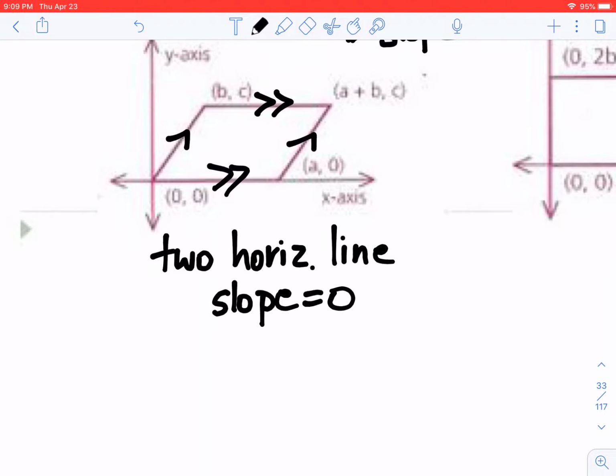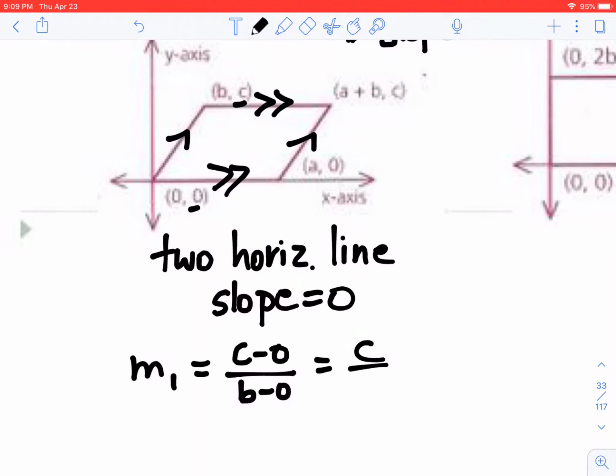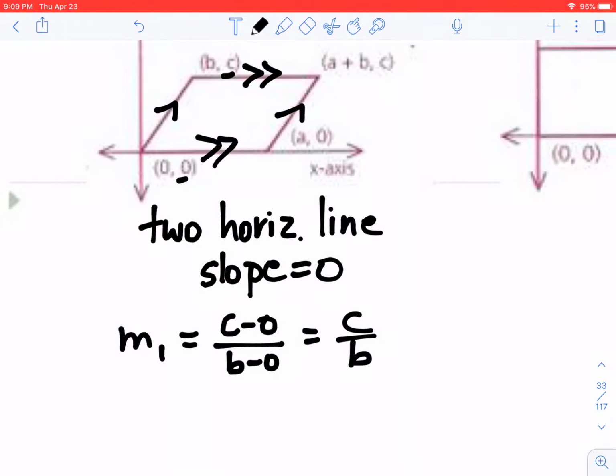And so the slope 1 is going to be, again, take your x coordinates, subtract them, c minus 0. Sorry, those are the y coordinates, and then your x coordinates. And so we end up with c over b. Doing the same thing on the second one, and you can label these up here on the chart if you want.